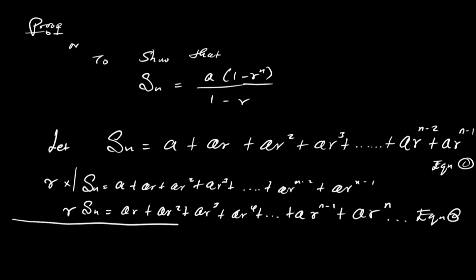And by doing so, if we end up subtracting, we'll be having S sub n. I just hope you're writing this down as well, because it's a bit lengthy. So let me write it on the next part of the screen. So if we subtract what we have, let me just rewrite what we have as our equations. We have S sub n being equal to a plus ar squared plus ar cubed plus dot dot dot plus ar to the n minus 2 plus ar to the n minus 1.